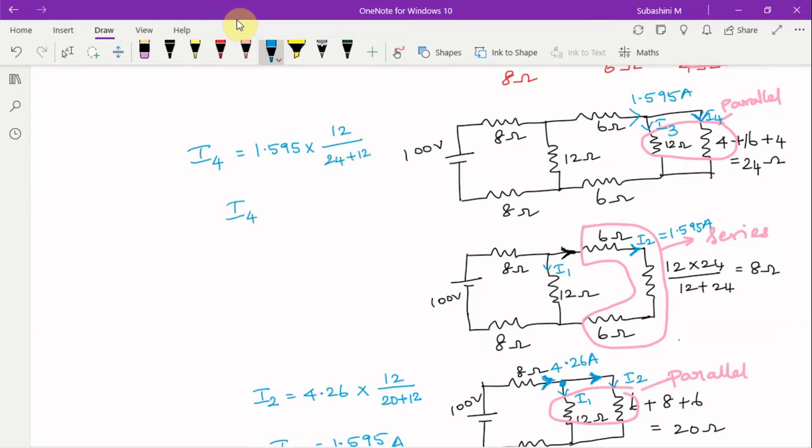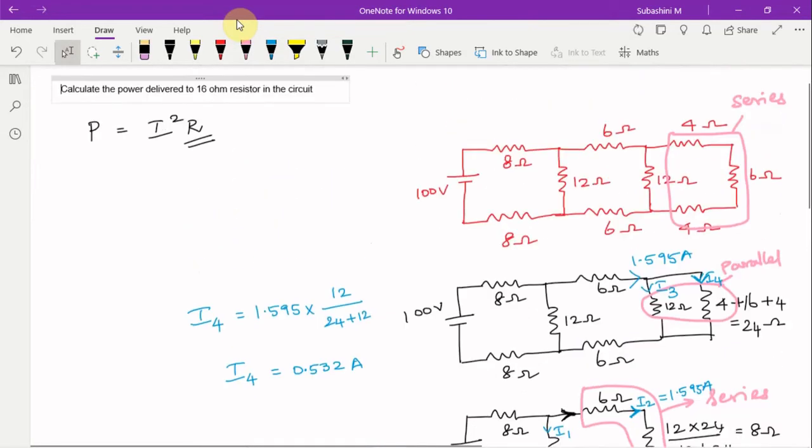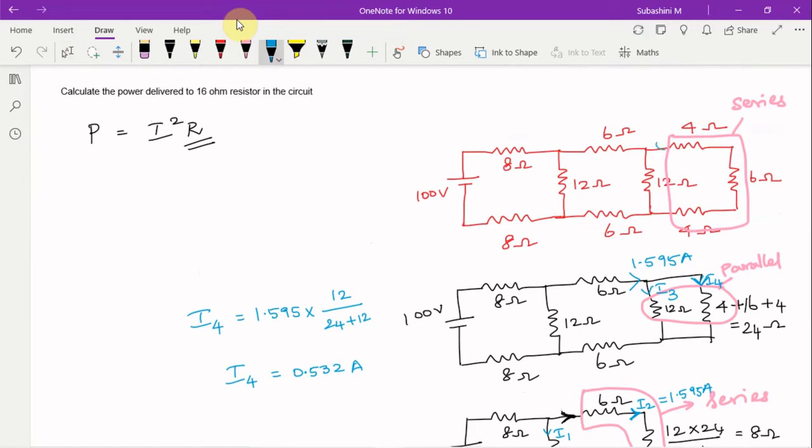So I will get I4 equal to 0.532 amps. This is the current that is going to flow through the 16 ohm resistance.